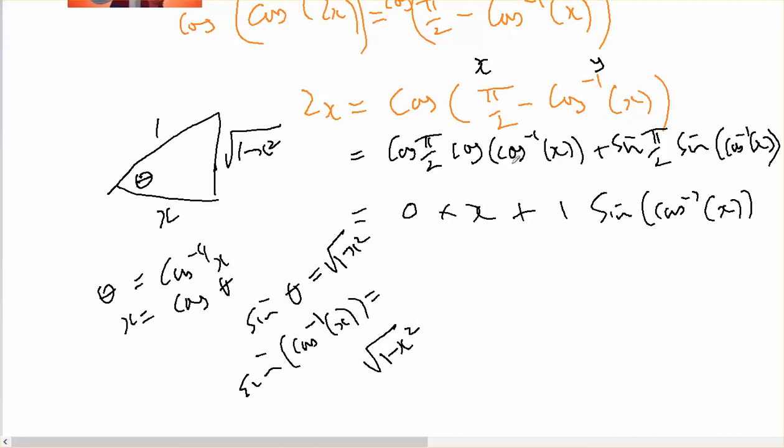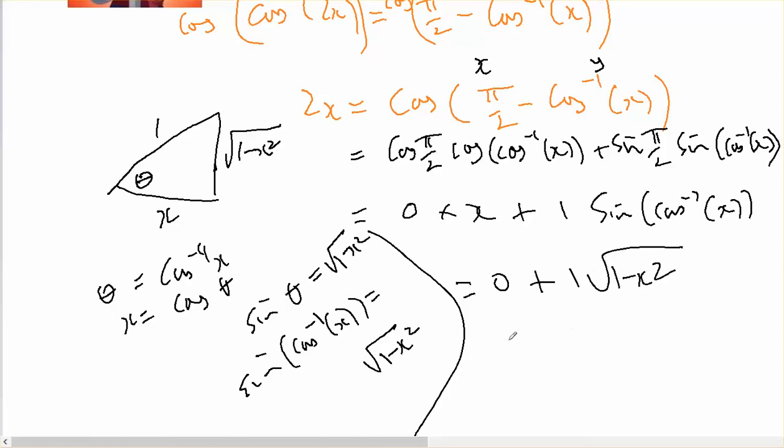So all of this equals 0 plus 1 times the square root of 1 minus x squared. So I've got 2x equals the square root of 1 minus x squared.